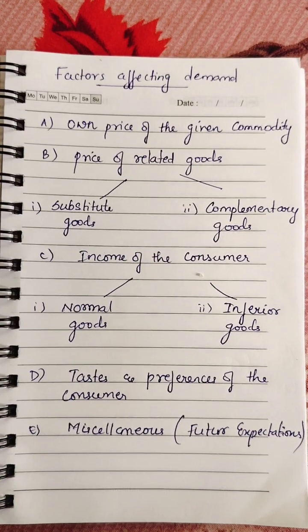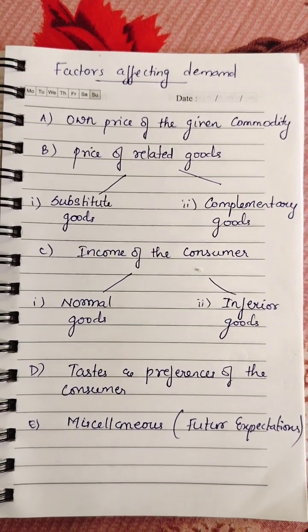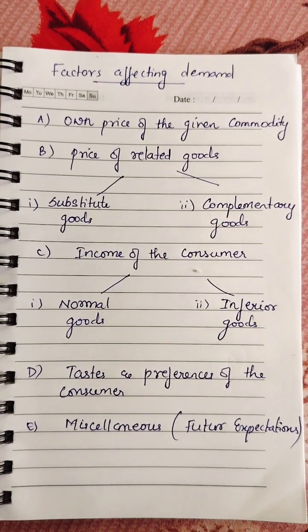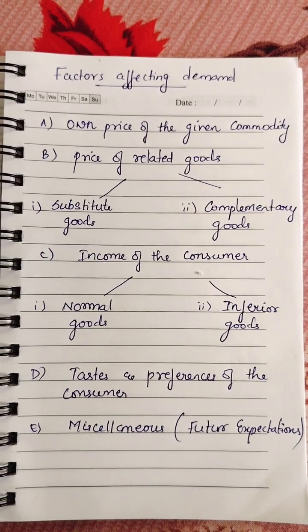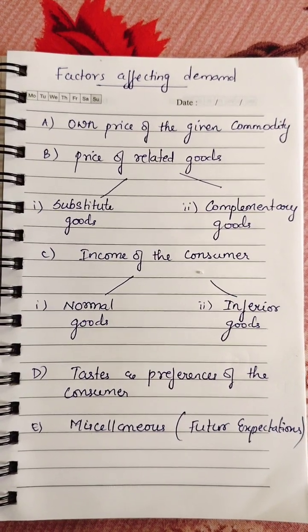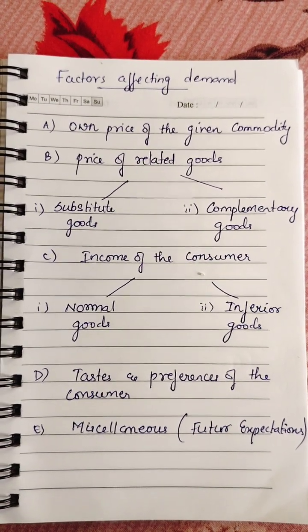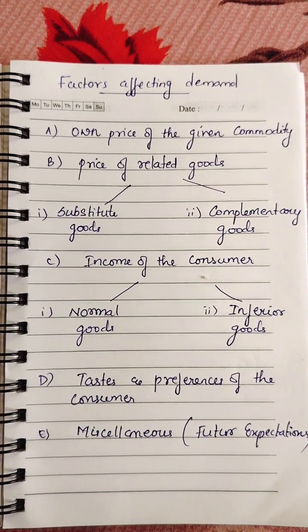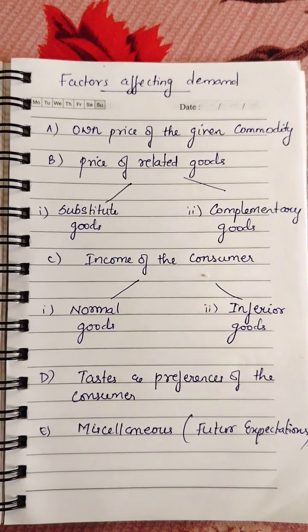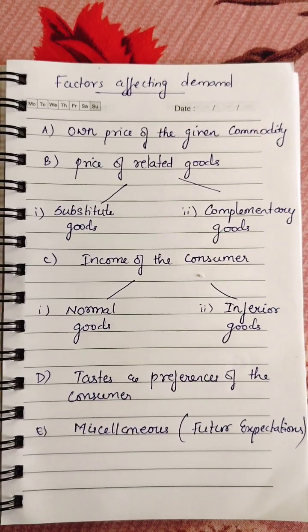The second one is the price of related goods. It is divided into substitute goods and complementary goods. In the case of substitute goods, we will take the example of tea and coffee. Here tea is the given commodity and coffee is the substitute good, which is an alternative for tea.